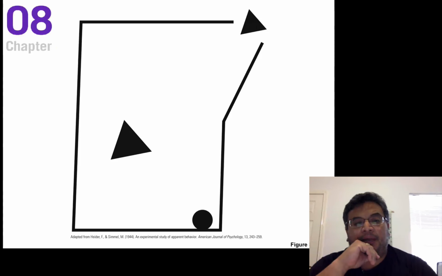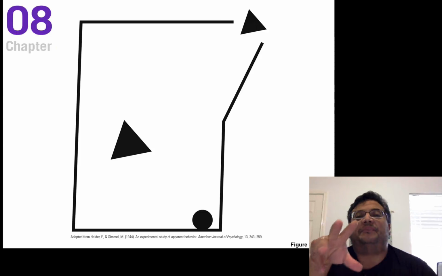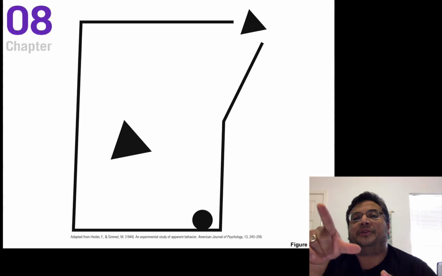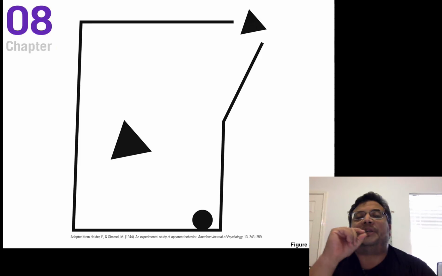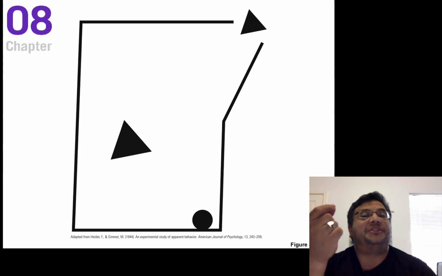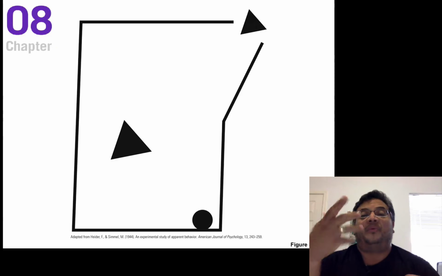What Heider and Simmel did in this study was they had people watch this very simple film, just this flat black and white film of these simple shapes kind of moving around. The shapes would move around, come next to each other, go out to the door, go out through this opening together, then come back in. And what they found was that as people watched these little shapes do their little thing, they would ascribe motivations and make up stories about what they were doing.